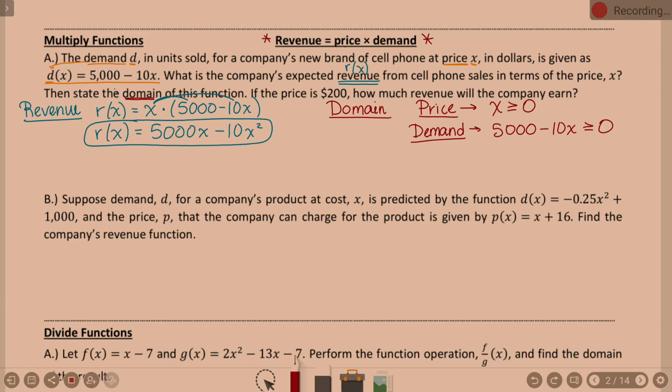Now, as I said, we're going to want to put these together. We're going to solve this for x first. How do I solve 5,000 minus 10x greater than or equal to 0 for x? Eventually. Let's get the x by itself first. How do you want to get x by itself? Okay.